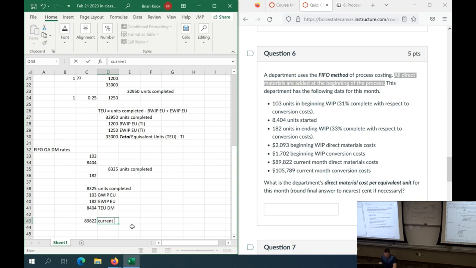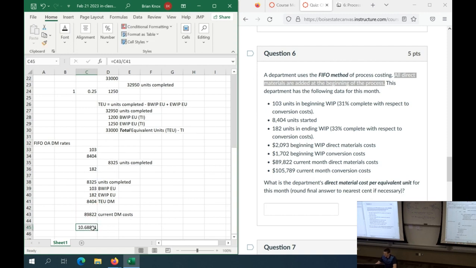I'm only worried about that. That's our current period direct materials costs because that's my numerator. Take that amount, divide it by the denominator, and that should be my answer. Let me double check, make sure I haven't copied anything over wrong. 89822 is right, and 8404 is the units started, which ends up being the TEU.